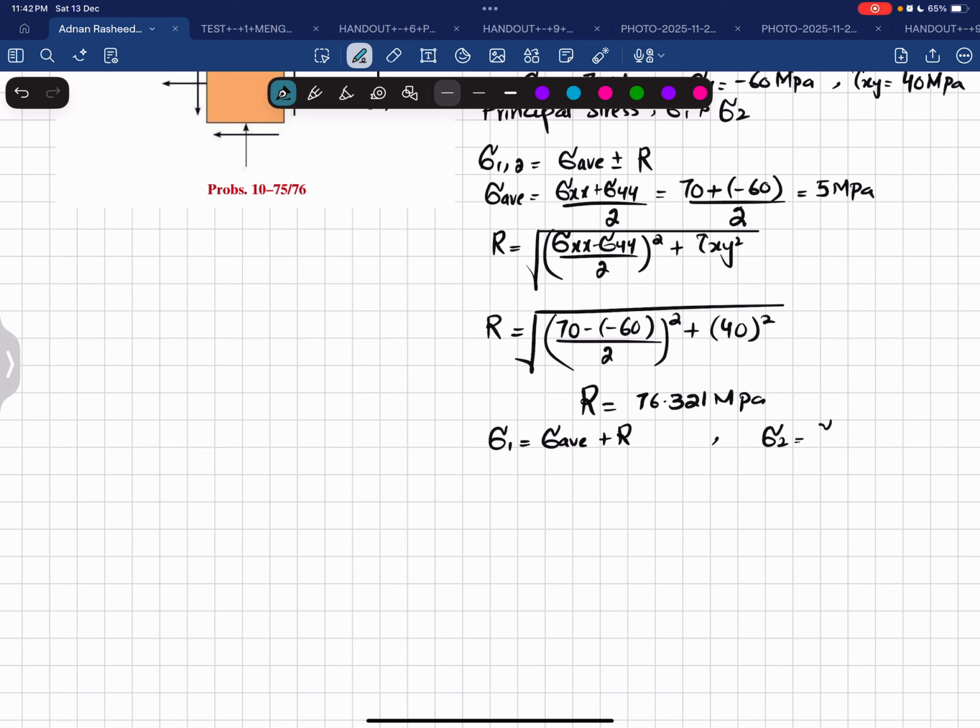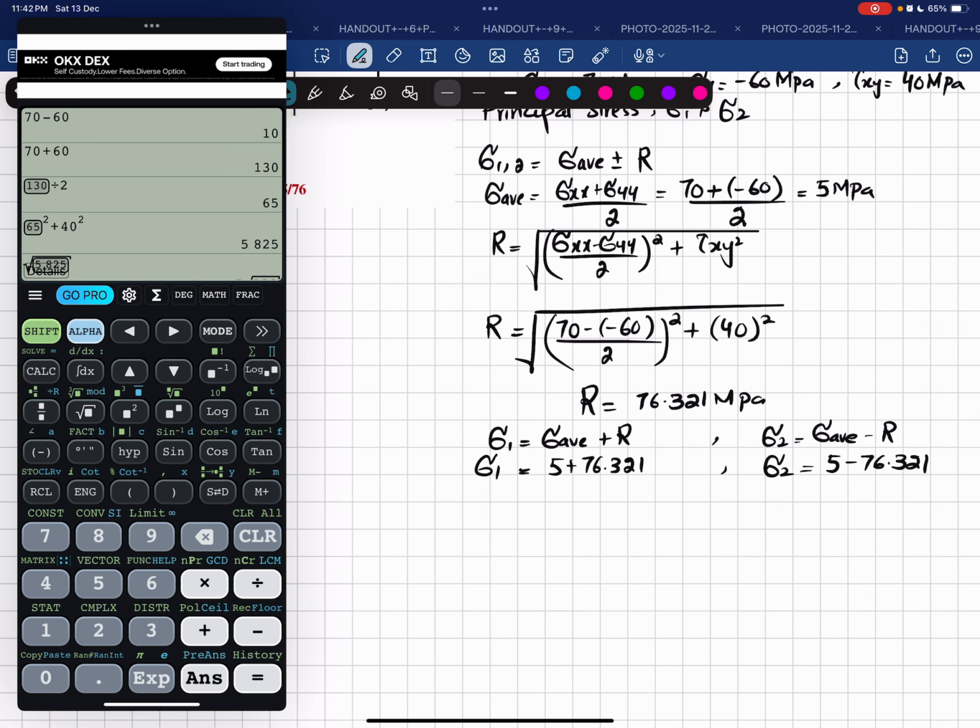Now we know that sigma 1 is equal to sigma average plus R, while sigma 2 is equal to sigma average minus R. So sigma 1 is 5 plus 76.321, while sigma 2 is equal to 5 minus 76.321.